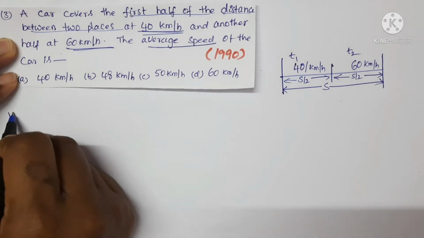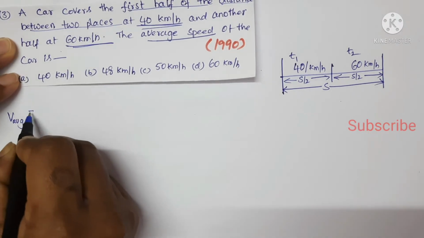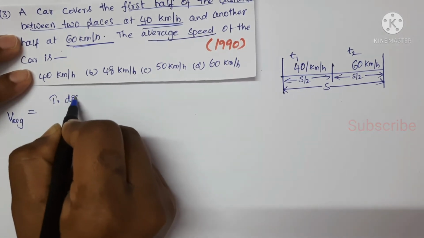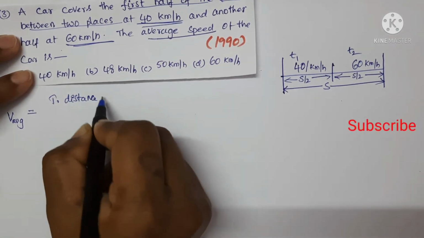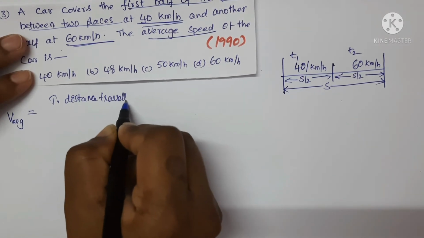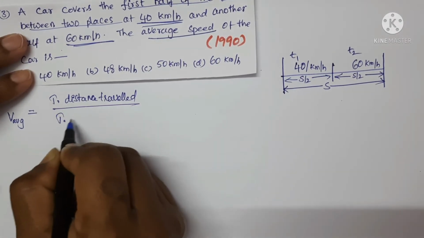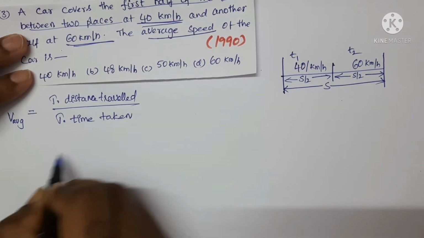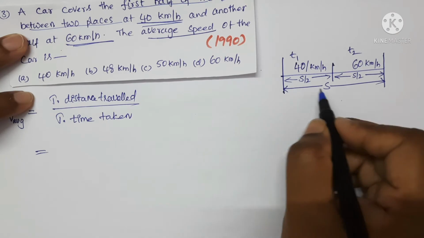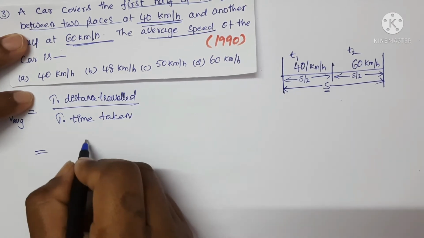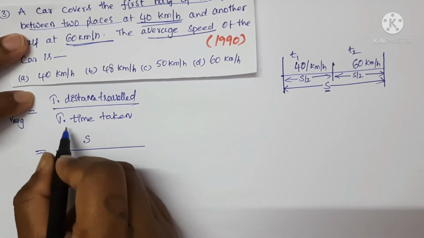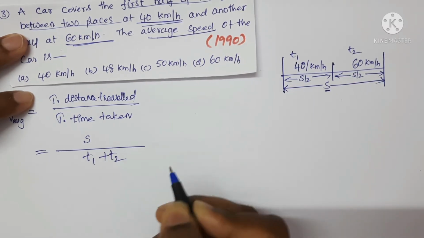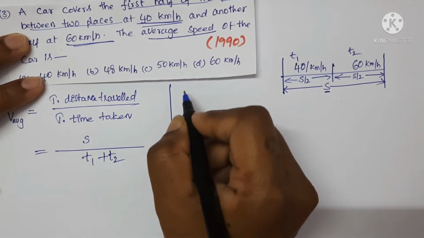Now write the formula for average speed is equal to total distance travelled upon total time taken, which is equal to total distance travelled, here it is S, upon total time taken T1 plus T2. Now find the value of T1 and T2.